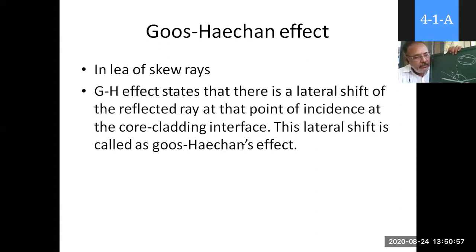So you can observe this particular point: whenever the skew ray reflects on the core-cladding interface, the reflected ray suffers a lateral shift. That point was identified by Goos and Hänchen, Finnish scientists, and that's why it is popular as the Goos-Hänchen or GH effect.